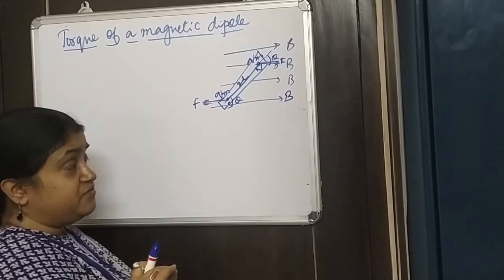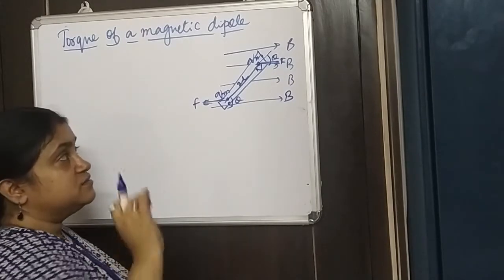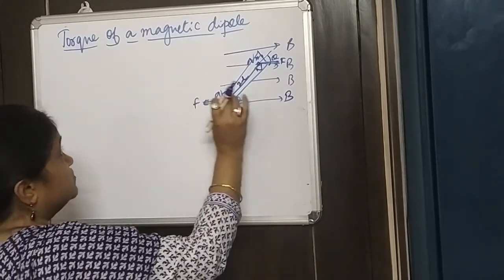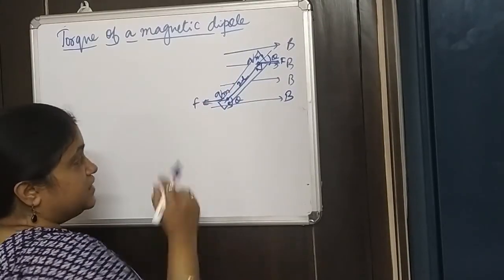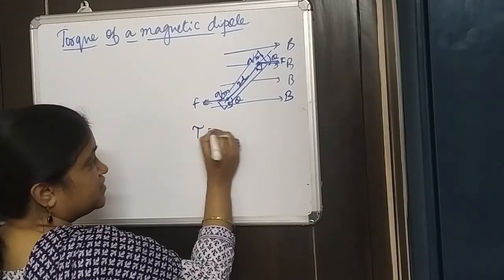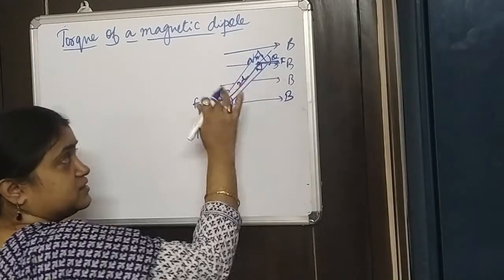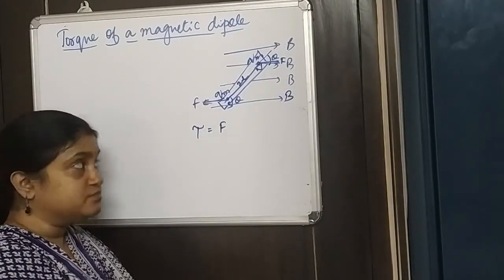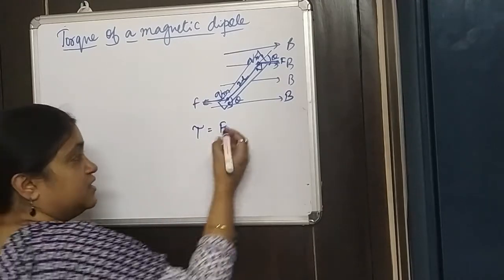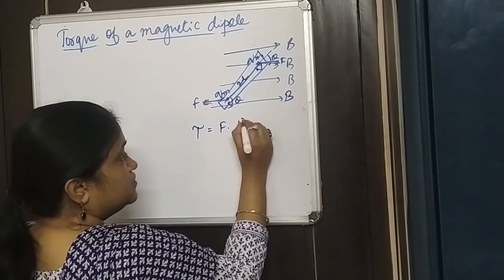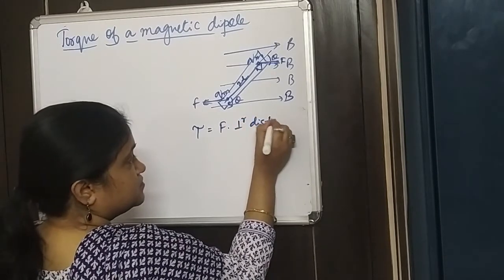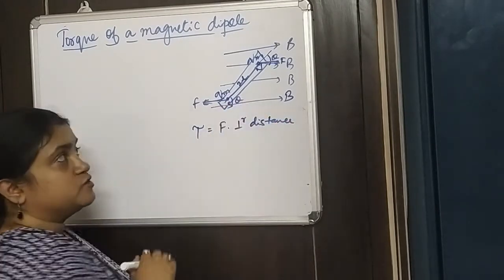So now if I have to calculate the torque of this magnetic dipole, then I can write torque is nothing but the force that these poles are feeling into the perpendicular distance of these two forces.